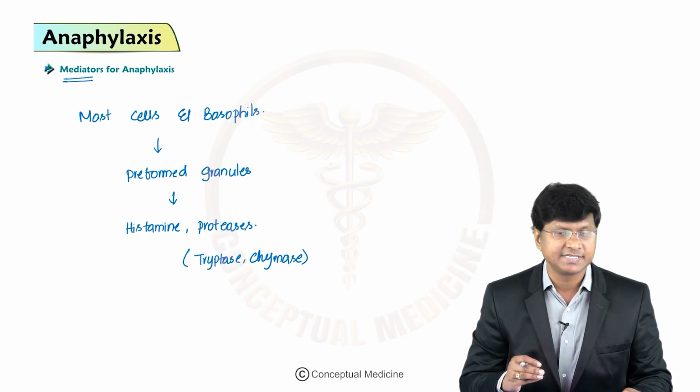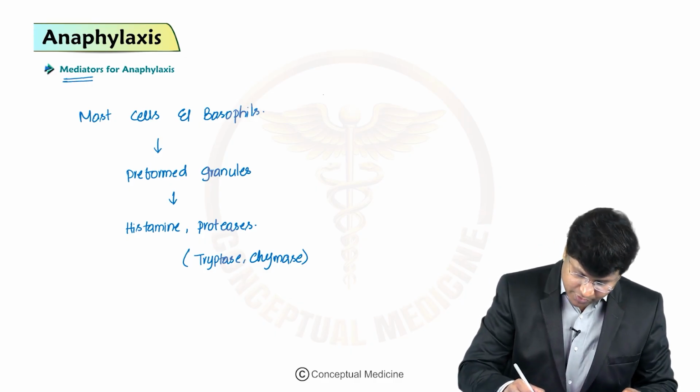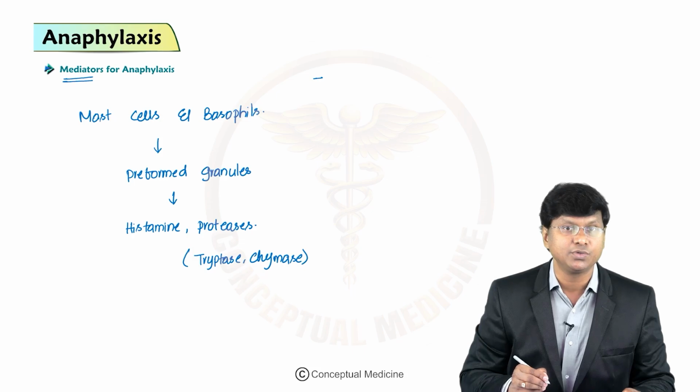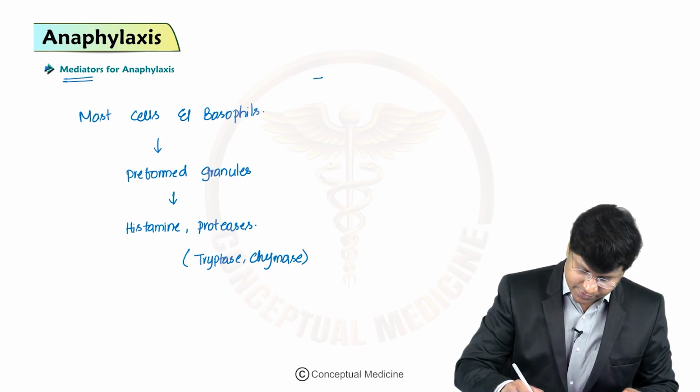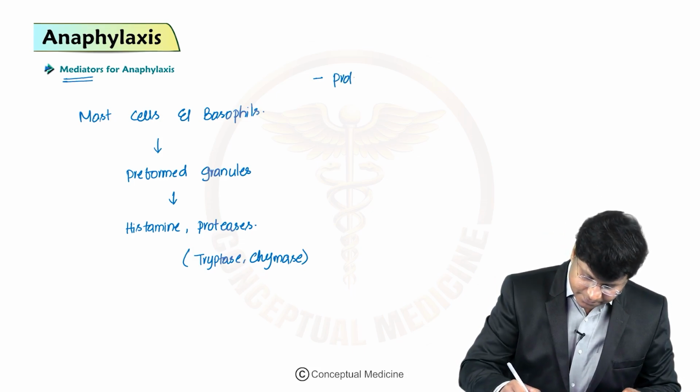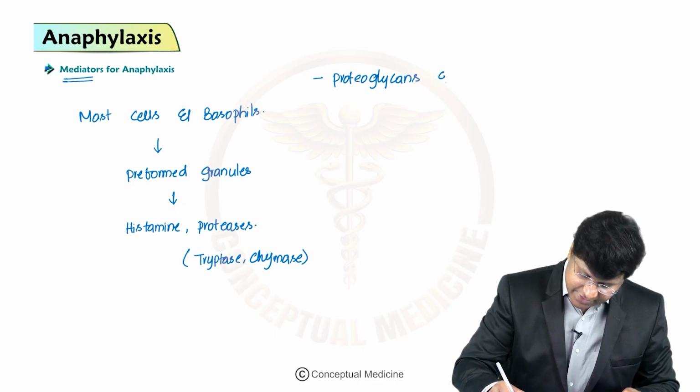Apart from histamine and proteases, we also have other substances that include the proteoglycans and TNF alpha.